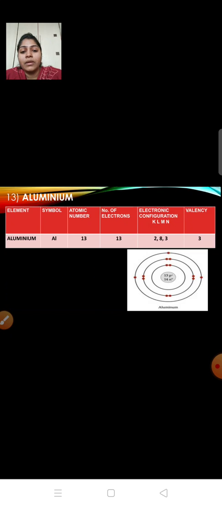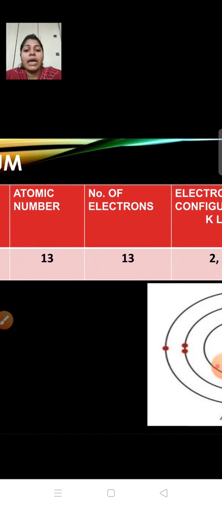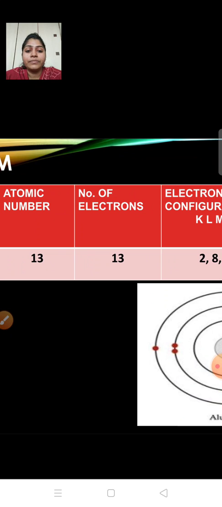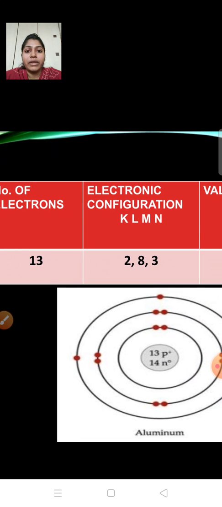Next one is aluminium. The symbol of aluminium is Al. Atomic number is 13. Number of electrons 13. Electronic configuration 2 electrons in K shell, 8 electrons in L shell and 3 electrons in M shell.